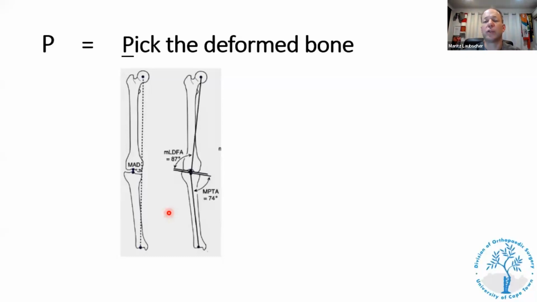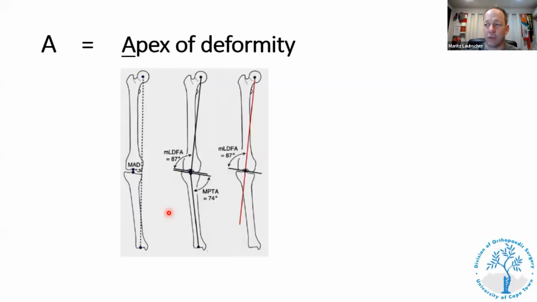Now you want to determine where in the tibia is the apex of the deformity. And how do you do that? Well, again, you erase your previous lines. Now you want to draw the axis of the individual limb segment. So for the proximal tibia, you can do one or two things.